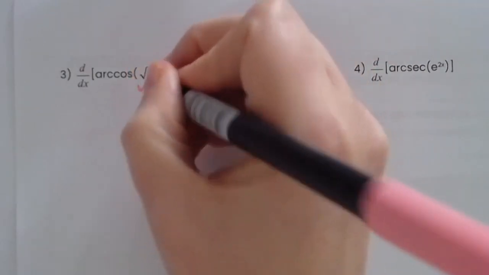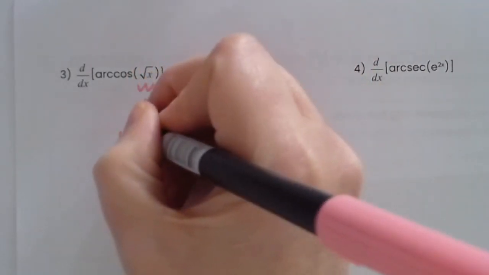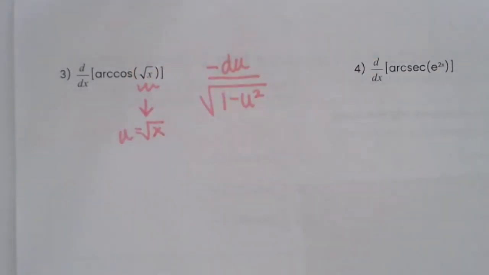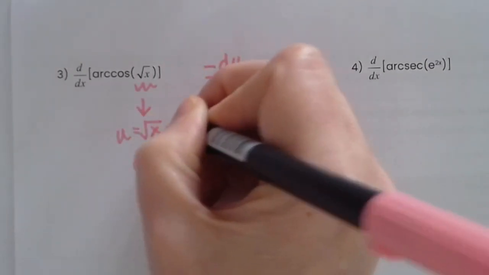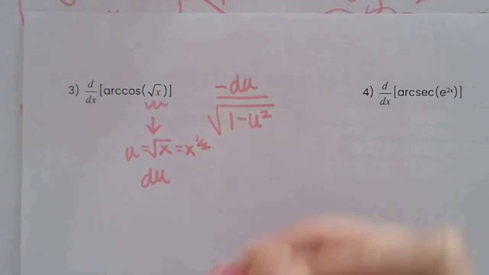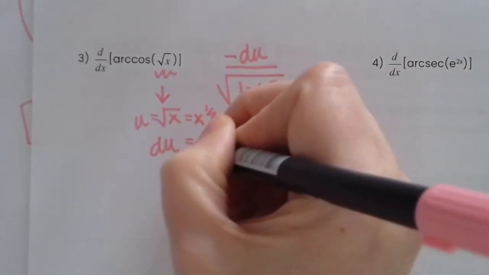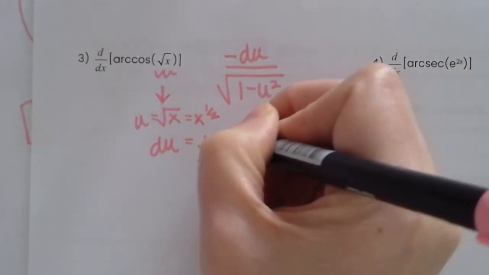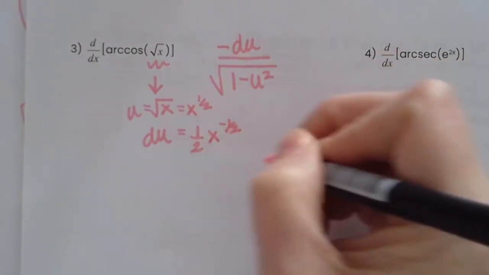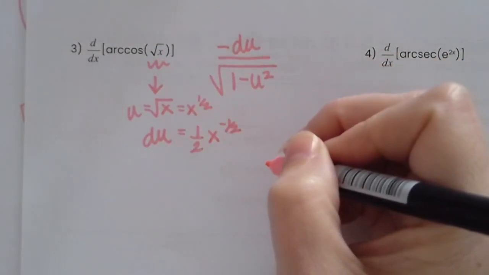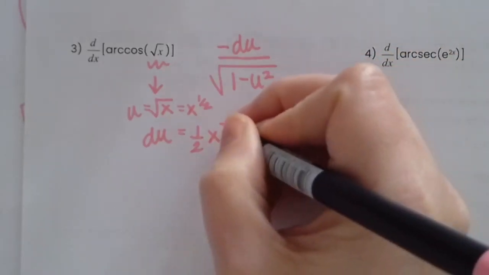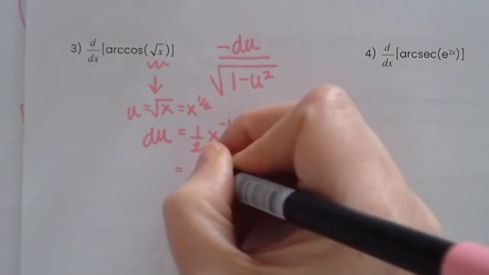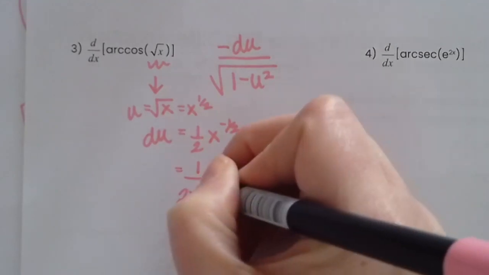Here is my u. U is square root of x, which means my du, if you want to rewrite this with a power of half to help you, you can. We've got half x to the power of negative half. We can make that look a little bit prettier by saying that that is 1 over 2x to the power of half.